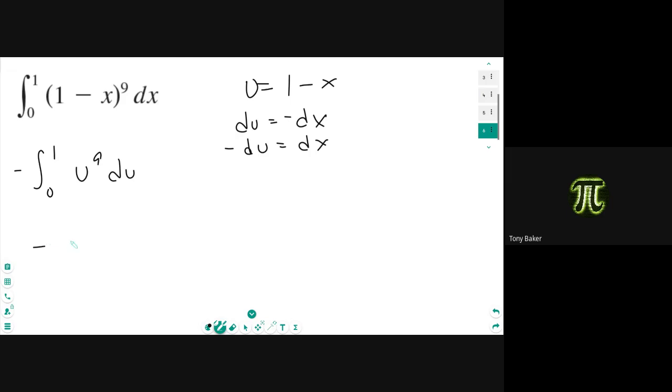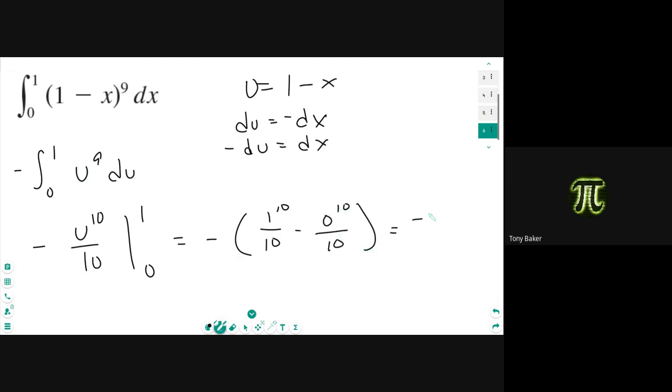So that becomes u to the 10th over 10, not the 9. And we're evaluating that from 0 to 1. So I have negative 1 to the 10th over 10 minus 0 to the 10th over 10 equals negative 1 tenth.